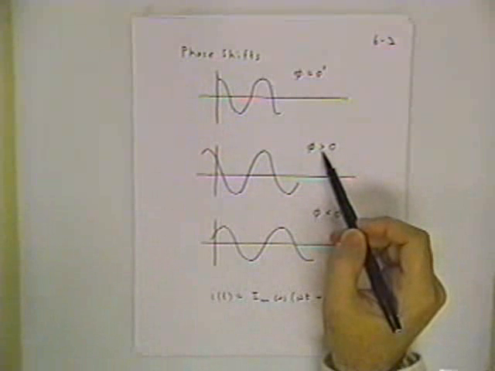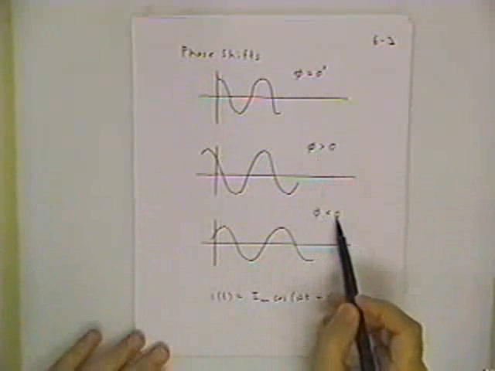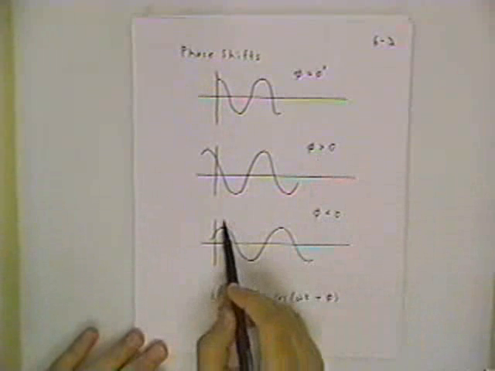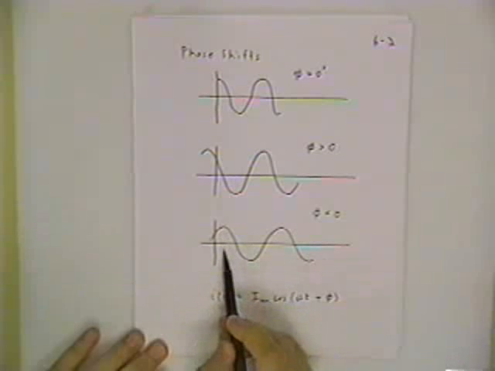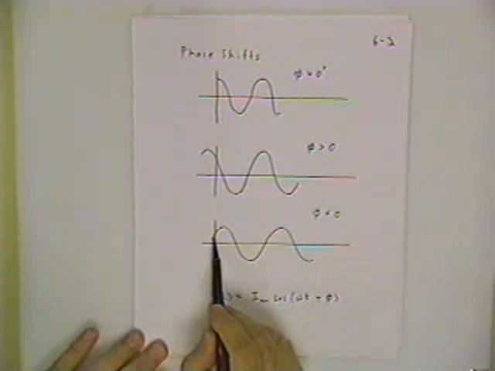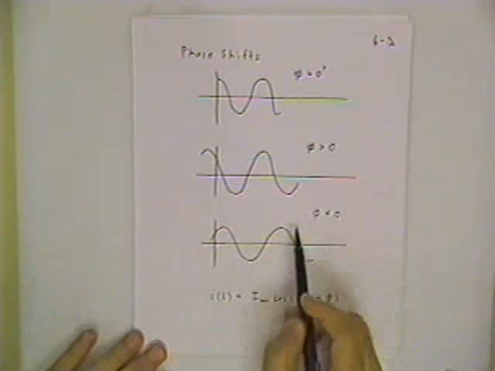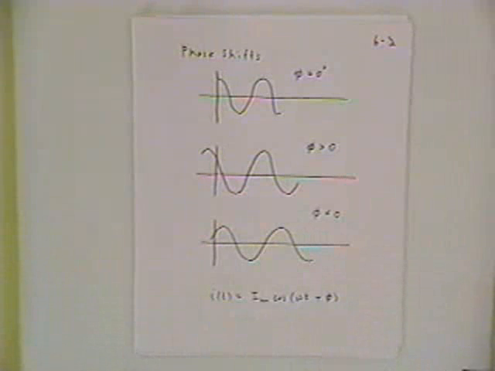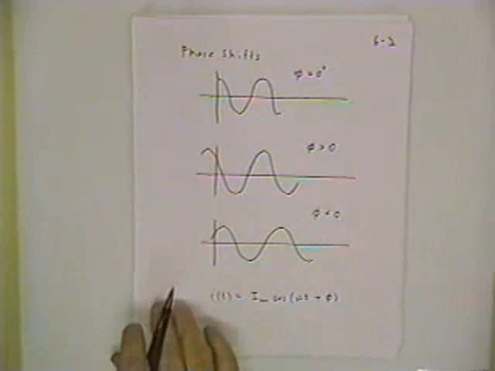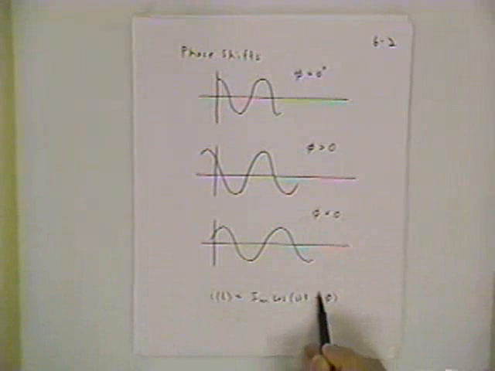Positive things should be motion to the right, negative things should be motion to the left. So compare that with a negative phase shift. If you started off with the time axis here and you shoved it over to the left a little bit, that would be a small negative phase shift. So I hope that helps you in sorting out problems involving actual values for phase angle here.